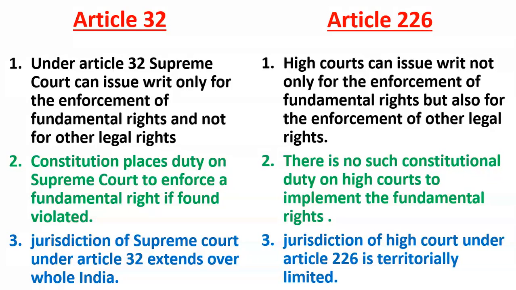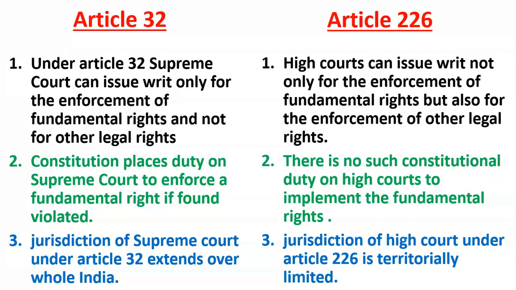There is no such constitutional duty on the High Court. If the High Court doesn't want, it may not implement the fundamental right. It may suggest any other method, any other remedy to the person for enforcing his fundamental right.